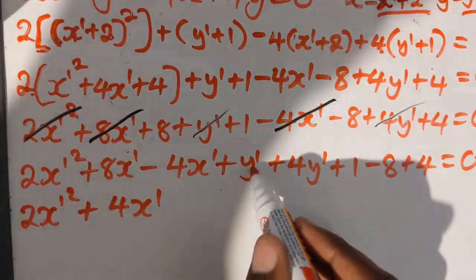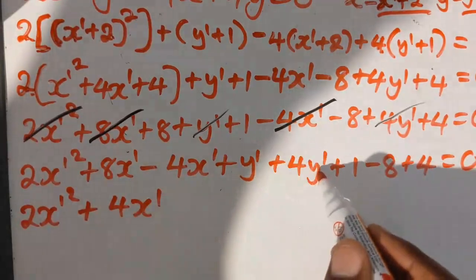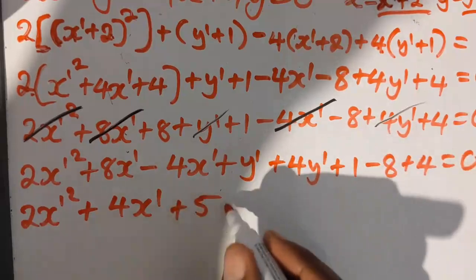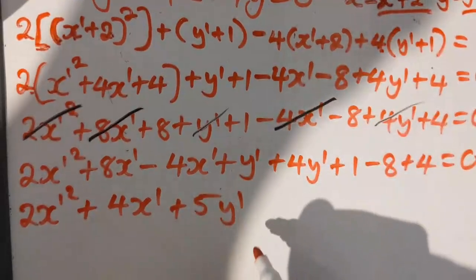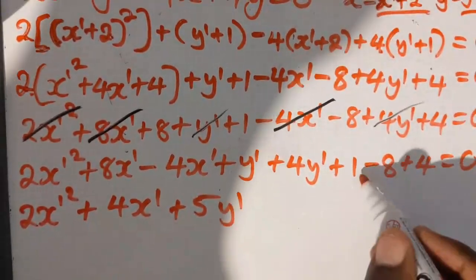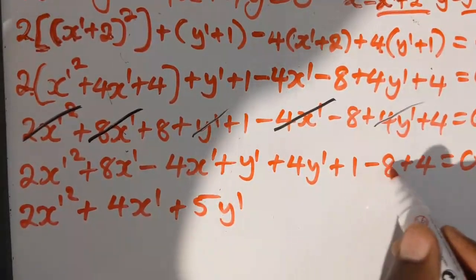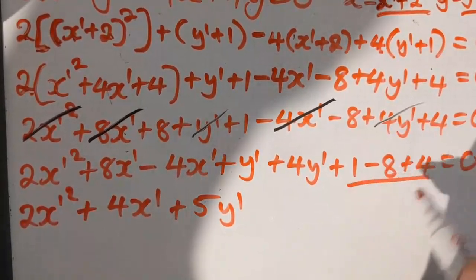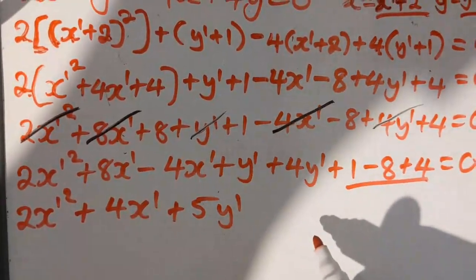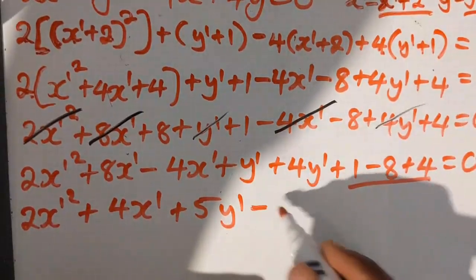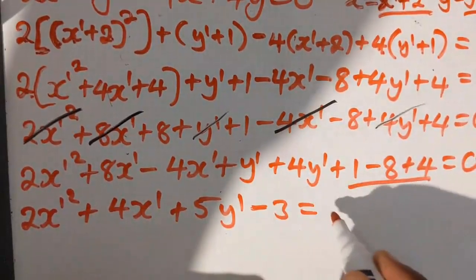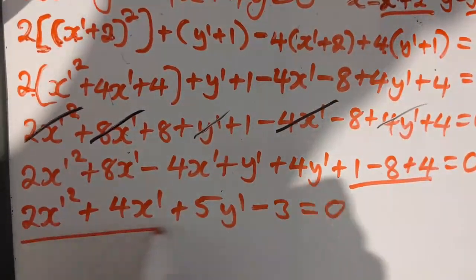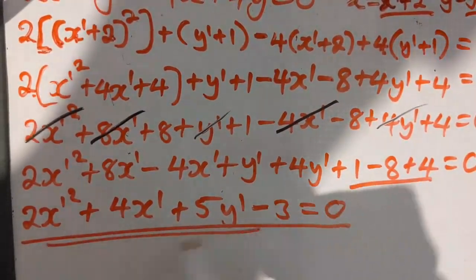Even here, this is y prime plus 4y prime, so this is going to be positive 5y prime. Then from here, 1 minus 8 plus 4, when you solve that, you're going to have negative 3, then it is going to be equal to 0. So this is how you can find the transformed equation.